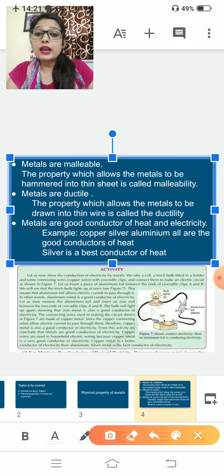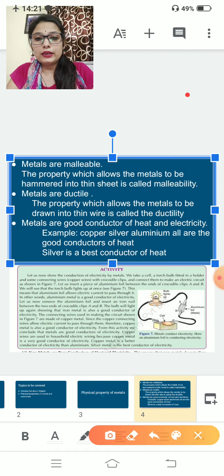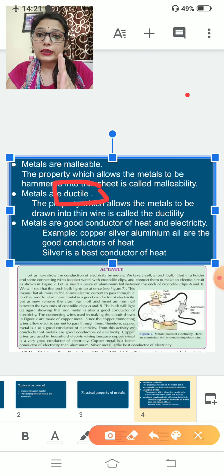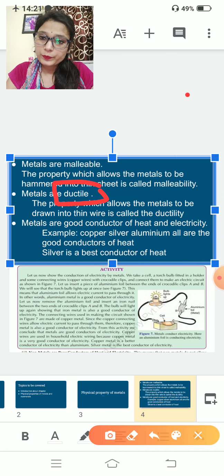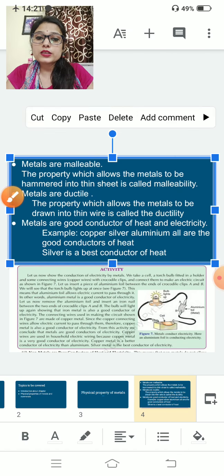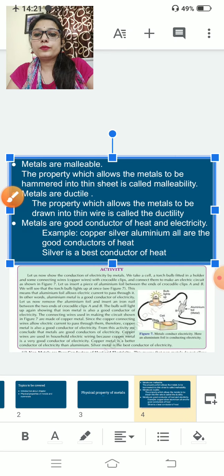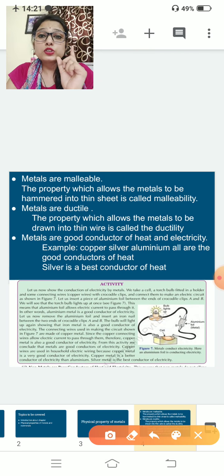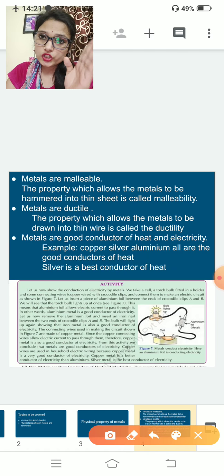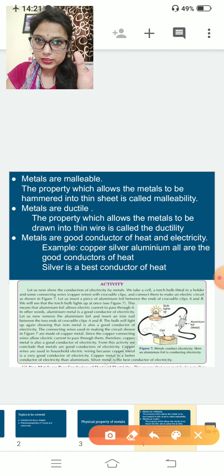Metals are ductile. What do you mean by ductile? Ductile means a metal can be converted into a thin wire, and this process is known as ductility. Clear? So, what do you mean by malleability? If metals can be converted into a thin sheet by hammering, that process is known as malleability.